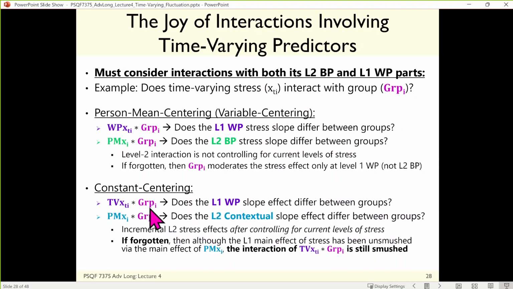The exact same logic that we just went through with the table applies if I'm not talking about a main effect, but an interaction term. The cross-level interaction, if I don't have the between analog to it, is going to assume that group moderates the within slope to the same extent that group moderates the between slope at level 2. It's a smushed interaction coefficient.